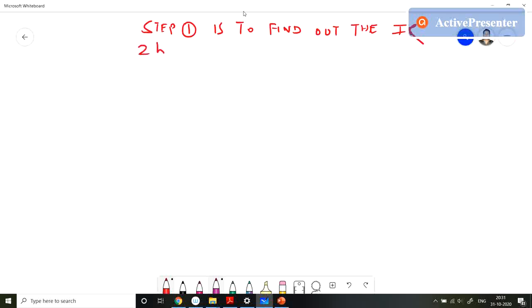So it is 2h[n] equal to alpha h[n-2] minus 2 delta[n] plus beta delta[n-1], as we have just written x[n] is equal to delta[n].